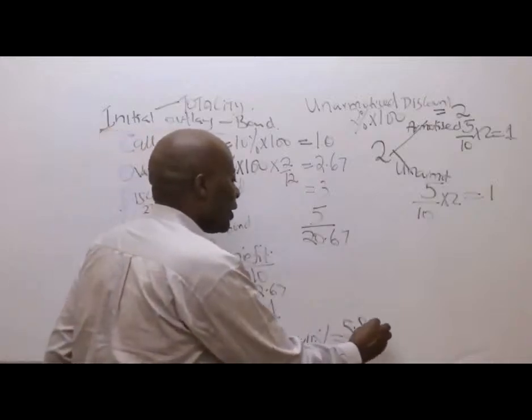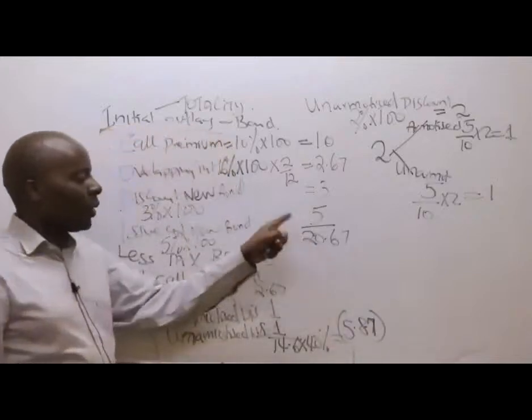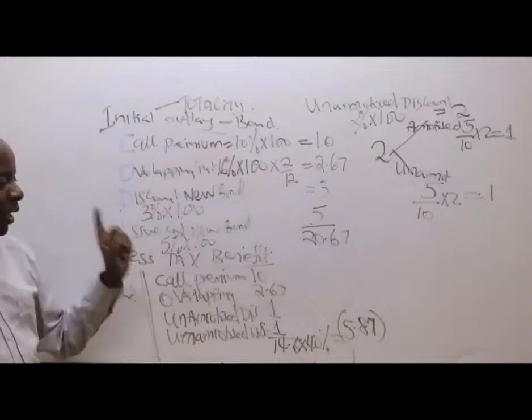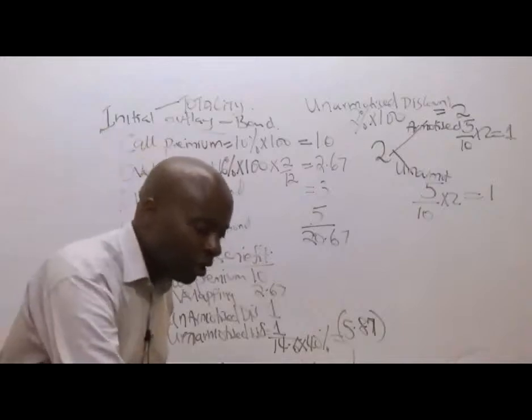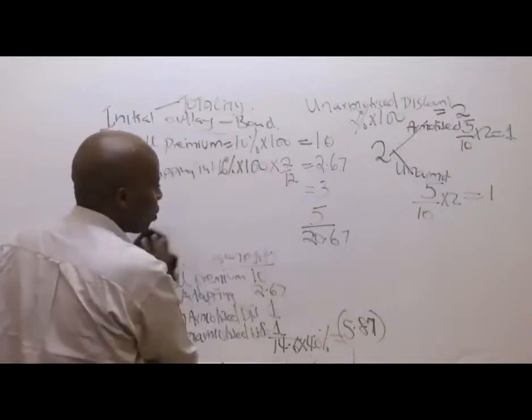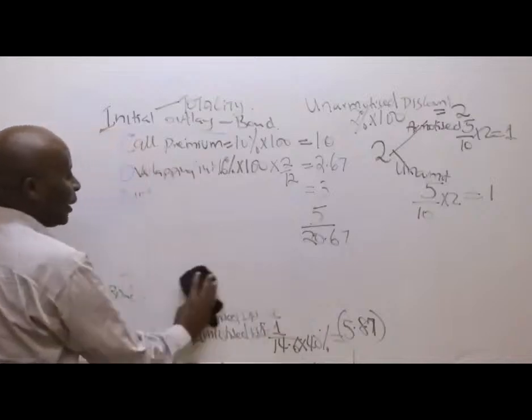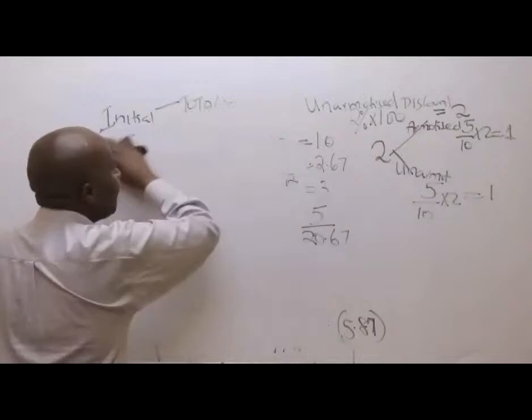So could you kindly subtract the benefit from our expenditure for you to be able to get the initial cost? Kindly come here and subtract that, 20.67 minus 5.87. That will end up giving us what initial cost?